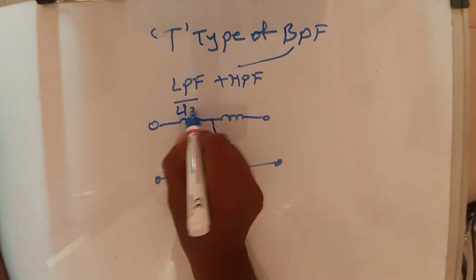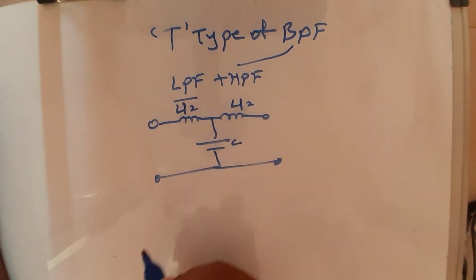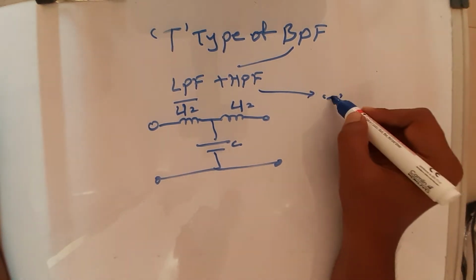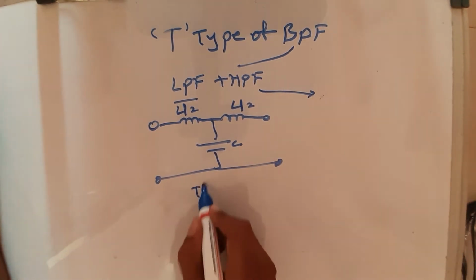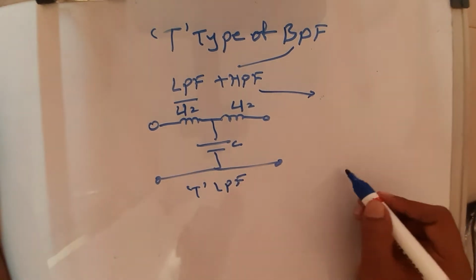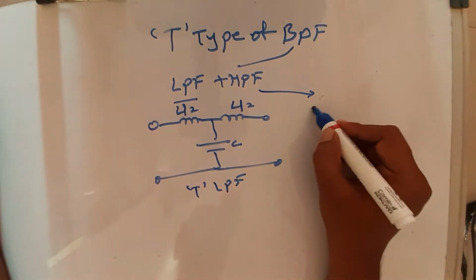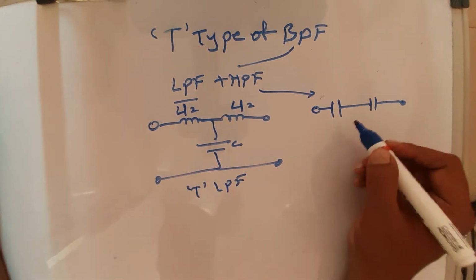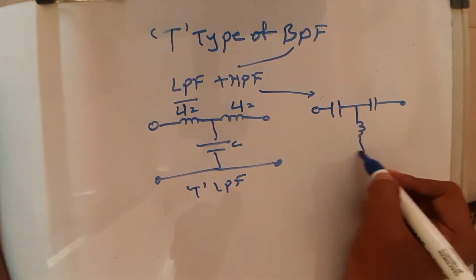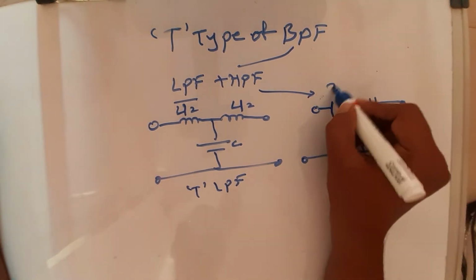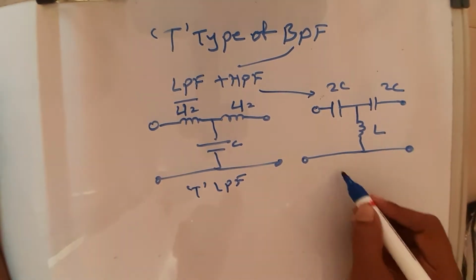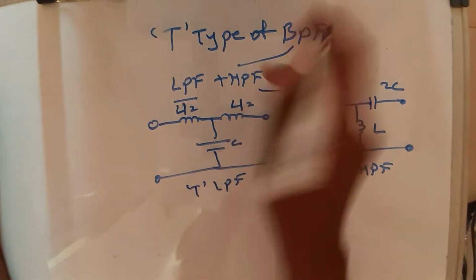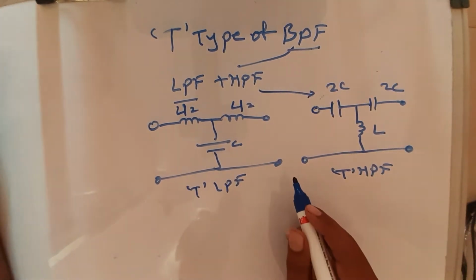So here it is L by 2, C is there, and T type high pass filter, T type LPF, then here 2C, T type HPF. Okay, so we will combine to form a T type of band pass filter.